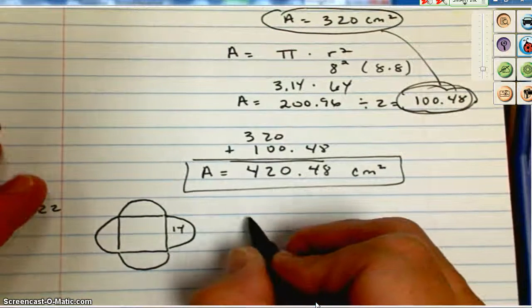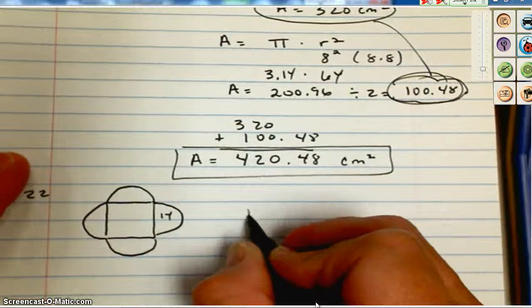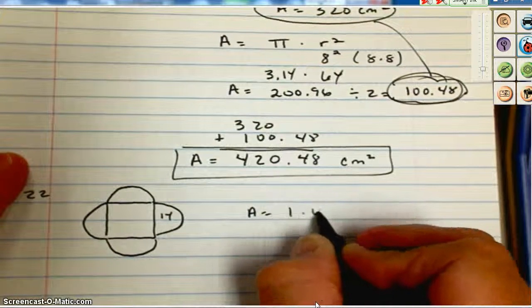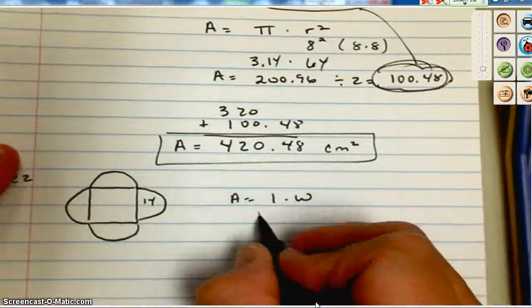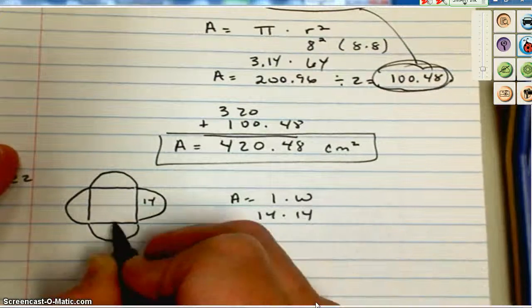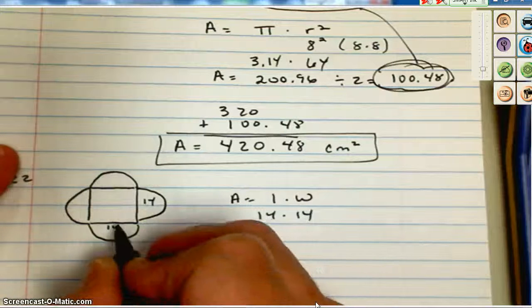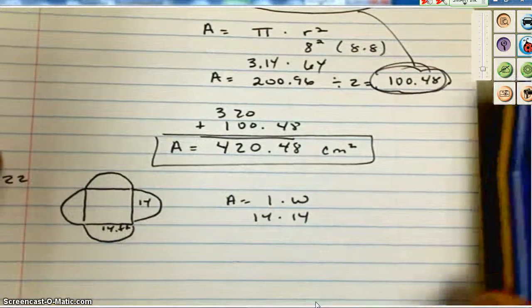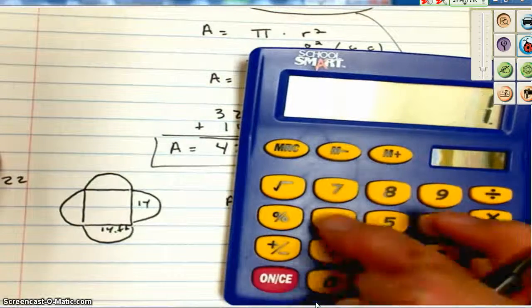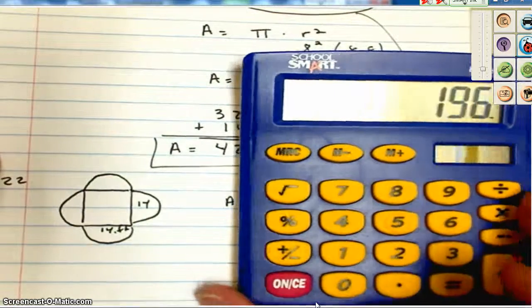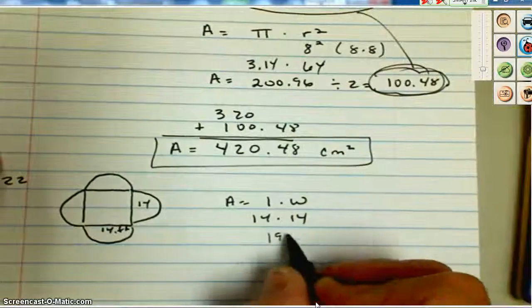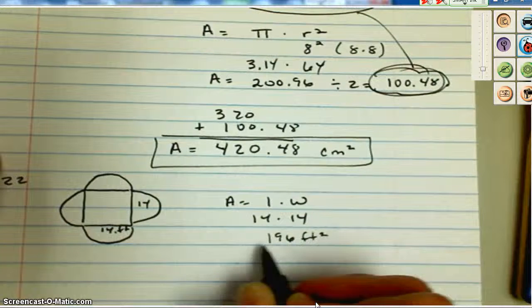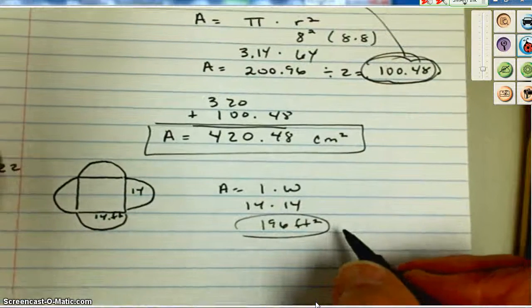Now we know the area of a square is equal to, again, length times width, which is 14 times 14. So this is 14 feet as well. 14 times 14 is equal to 196. So 196 feet squared. That's the area of our square.